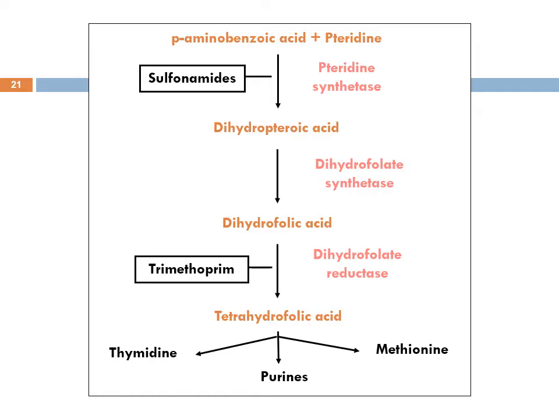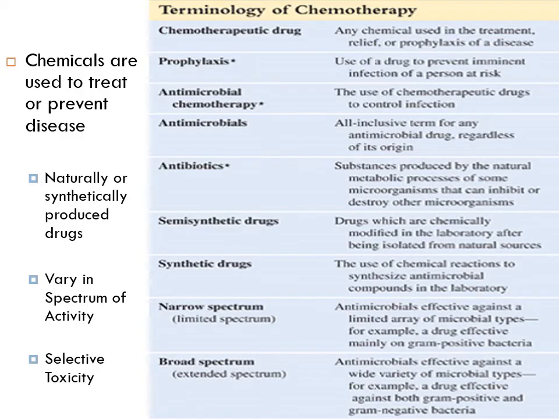Sulfonamide is an analogue of para-aminobenzoic acid, so it enters the reaction in place of it and competes for the active center of the enzyme, inhibiting tetrahydrofolate formation, which is essential for forming the nitrogenous bases of DNA.